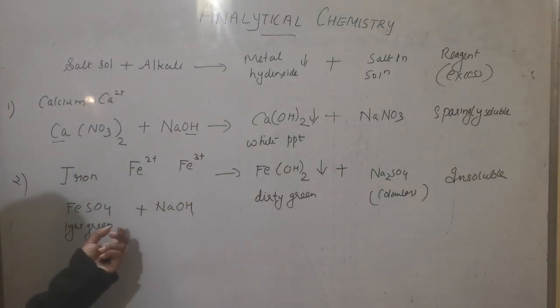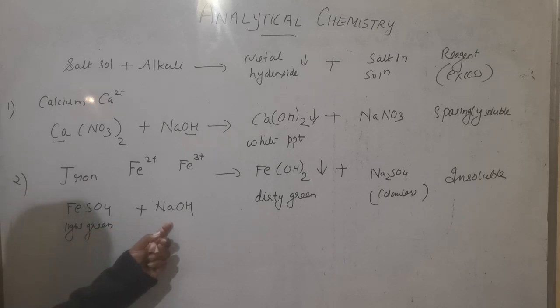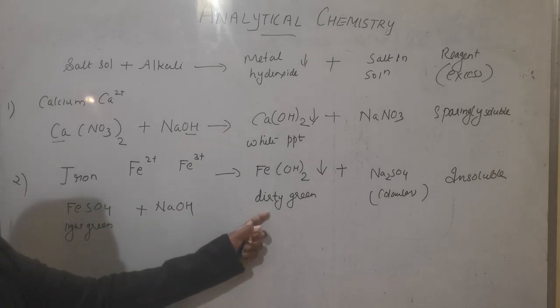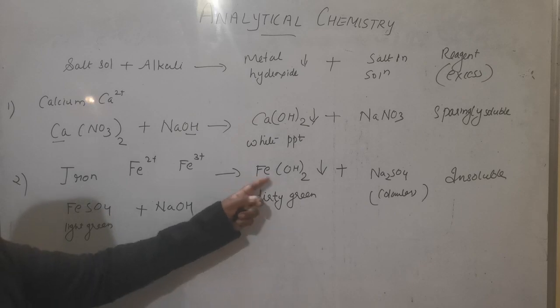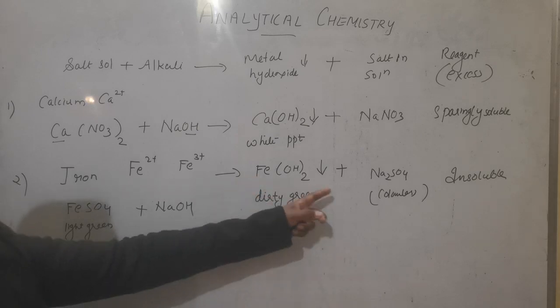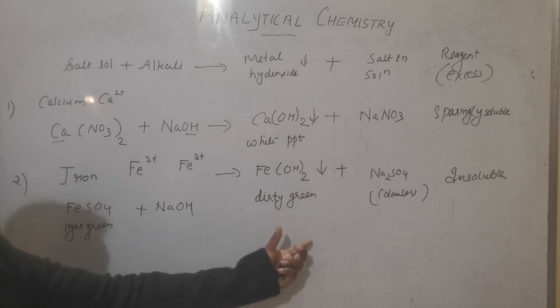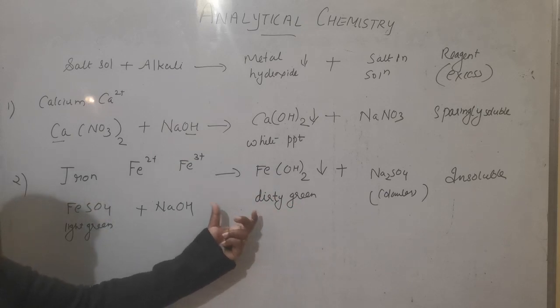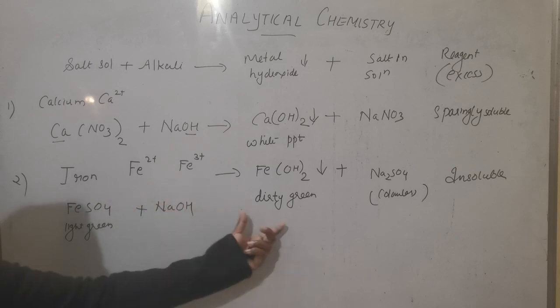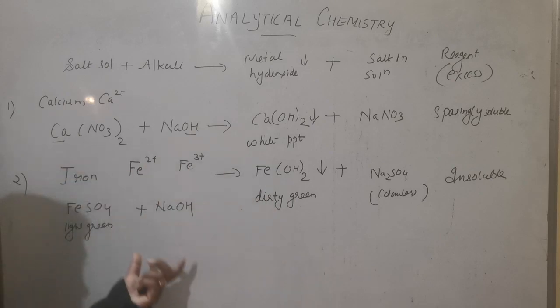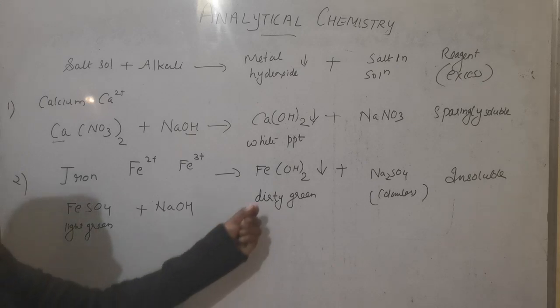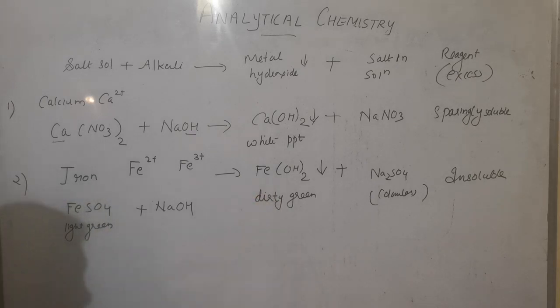But what happened in the case of ferrous sulfate? When you add NaOH, you got a dirty green gelatinous precipitate of ferrous hydroxide, and on addition of excess of NaOH, the precipitate remained insoluble. So this is a specific color of ferrous salt, dirty green. So when you get a dirty green precipitate, you could immediately infer that the given salt is a ferrous salt.